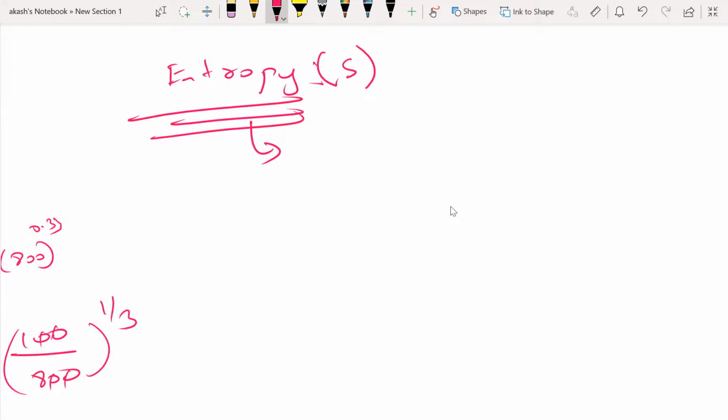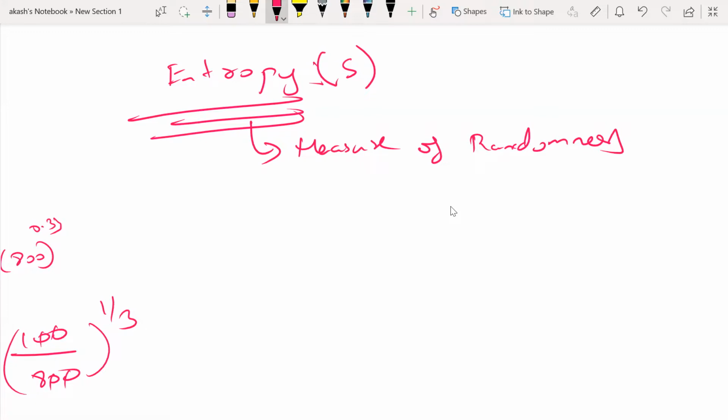So what exactly is entropy? In simple English words, entropy is a measure of randomness. How random a particular species is.